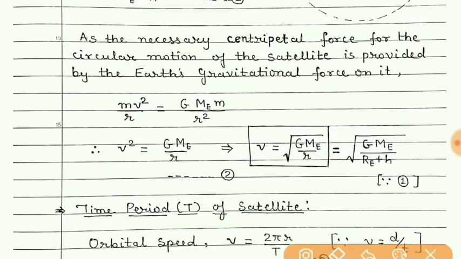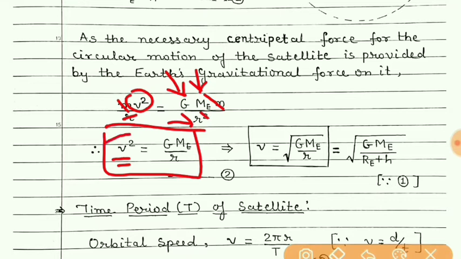Now simply make v square the subject. When we make v square the subject, here this small m will cancel, one r will cancel. So what is remained on the left side? v square, and on the right side G Me and r.